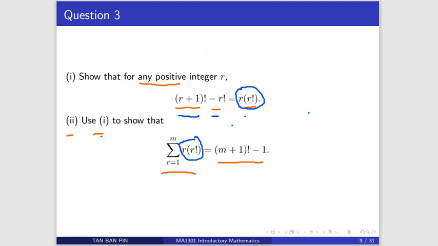(r plus 1) factorial minus r factorial is r times r factorial. So we are now going to find this sum: summation r from 1 to n of r times r factorial can be simplified to (n plus 1) factorial minus 1.